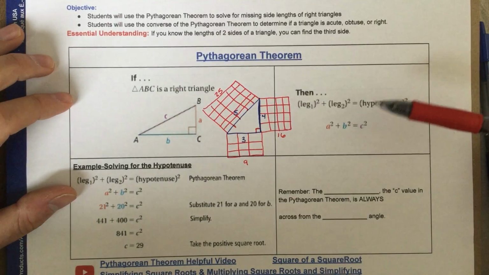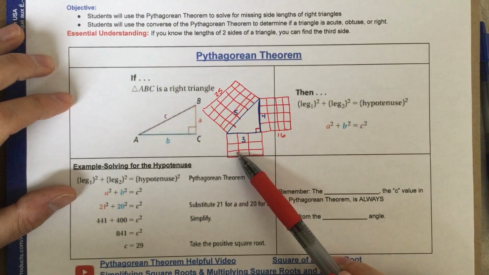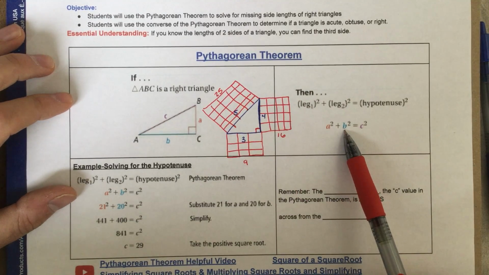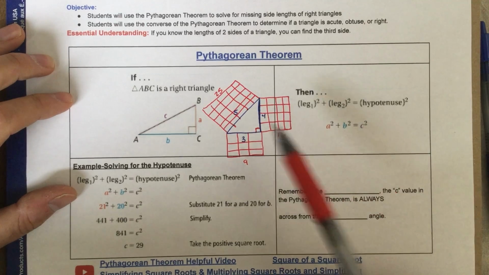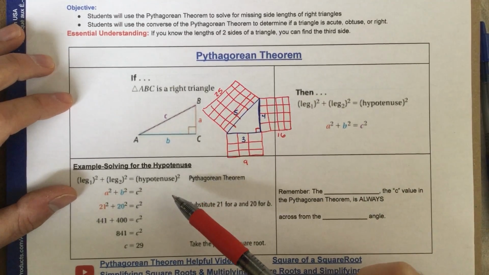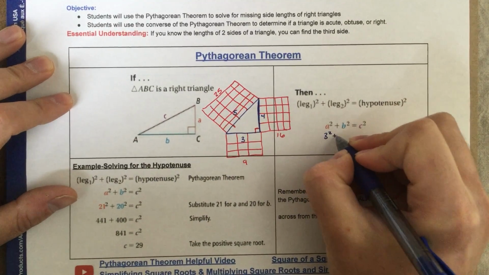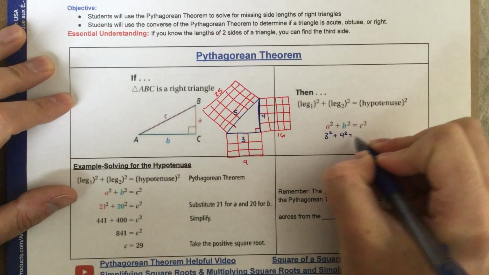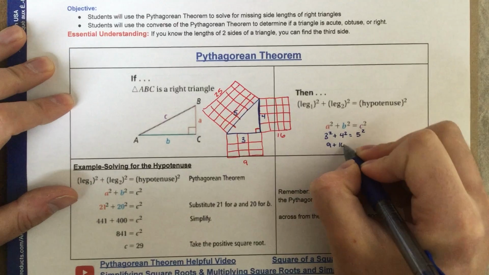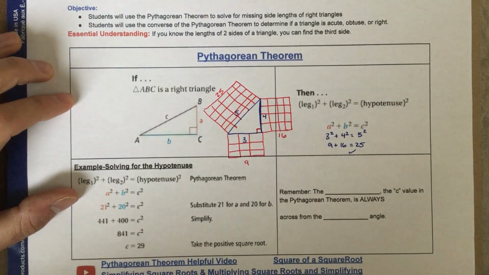So Pythagorean theorem is saying if I take this one leg squared, which is 9, and I add it to this one leg squared, which is 16, it should equal the third side length squared, which 5 squared is actually 25. So in my example, 3 squared plus 4 squared equals 5 squared. 9 plus 16 does equal 25.